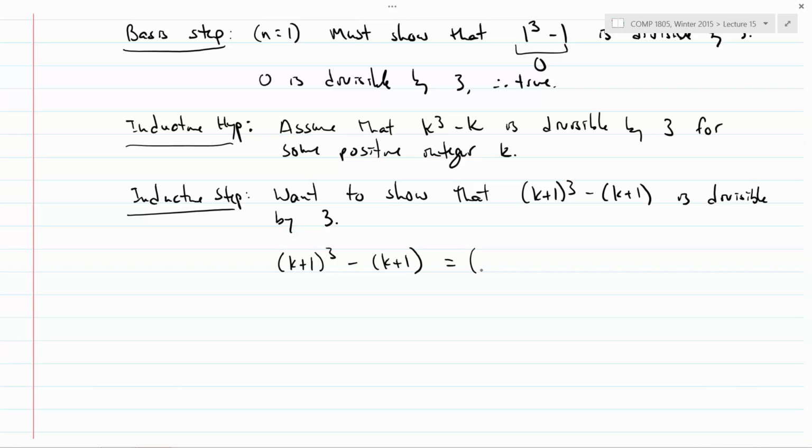Sorry, I'm thinking this is (k+1) times (k+1) squared. You could factor out a k+1. That's okay, but the way we're doing our simplification is we want to somehow get a k cubed minus k. That's what we're shooting towards, because that lets us apply our inductive hypothesis. So rather than factoring a k+1 out, it's going to be easier, even though it's more work, to expand this thing out so I get the k's on their own away from the k+1s. Yeah?